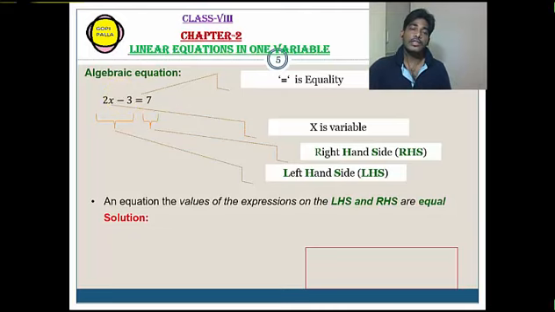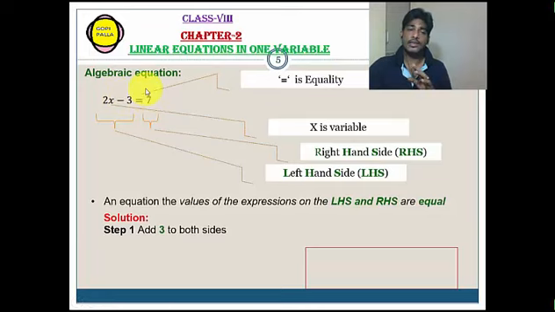Here we have 2x minus 3 on the left hand side and 7 on the right hand side. Because the left hand side and right hand side should always be equal, in order to maintain equality and to remove minus 3, we should add plus 3, because then minus 3 plus 3 will get cancelled. So in order to get the x value, we should remove minus 3, and to eliminate minus 3, we should add plus 3.